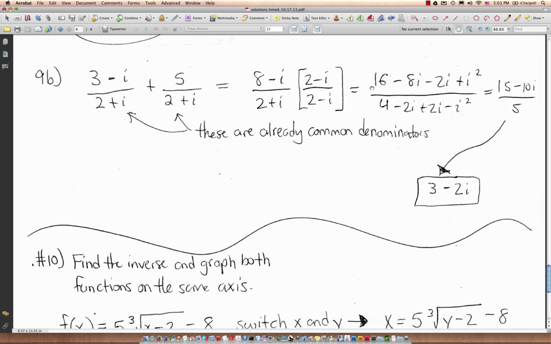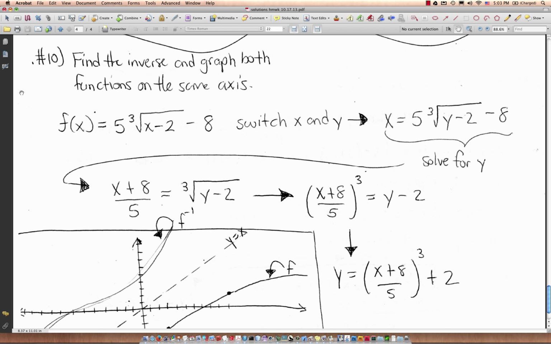You're going to get 16 minus 8i minus 2i plus i squared over 4 minus 2i plus 2i minus i squared. The denominator becomes 5. And the numerator becomes 15 minus 10i. Both numbers are divisible by 5. So we finally get 3 minus 2i as an answer.